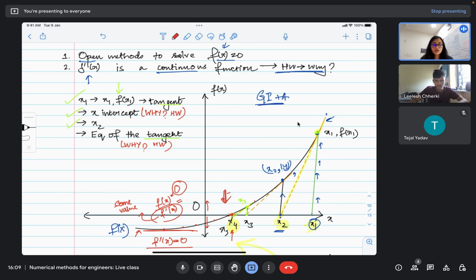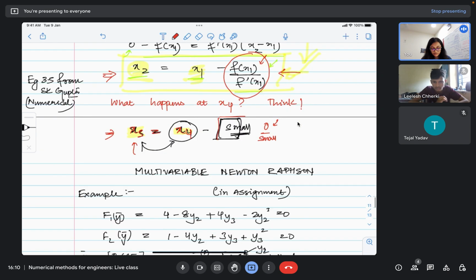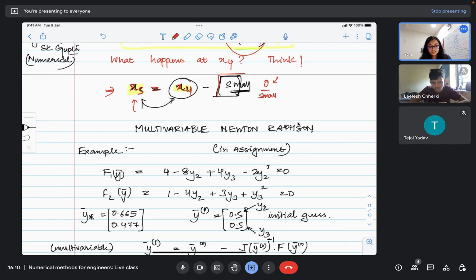Now, there is no time to explain the multivariable Newton Raphson, and this was the question given in the assignment. Do you both have any doubt with respect to the question or the multivariable concept? Tell me, I couldn't hear you, Tejal.